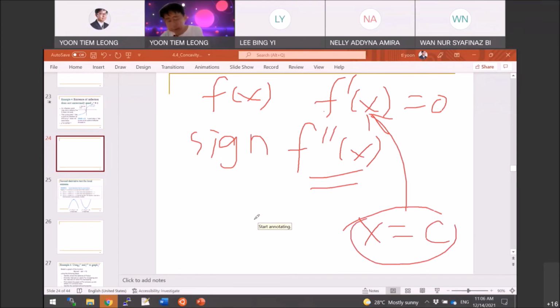For a point where f prime is 0 and the sign of f prime prime is positive, it means that c is a local minimum.